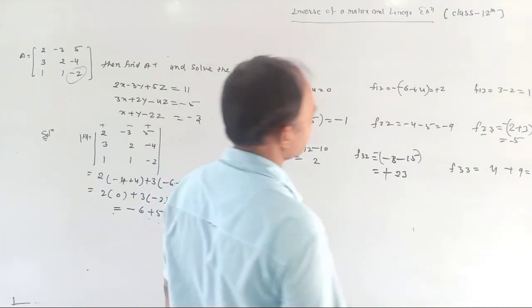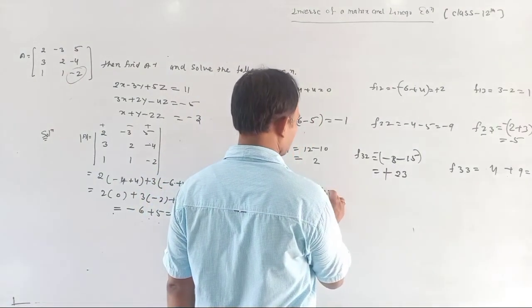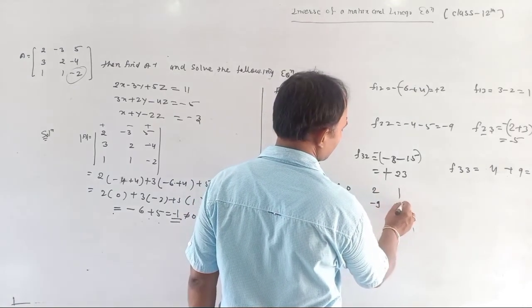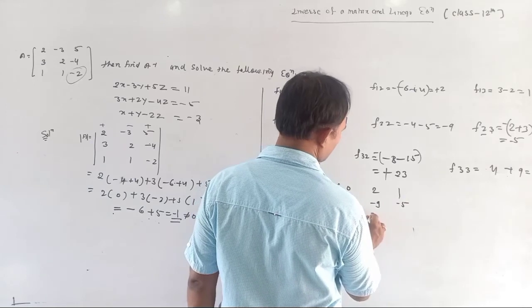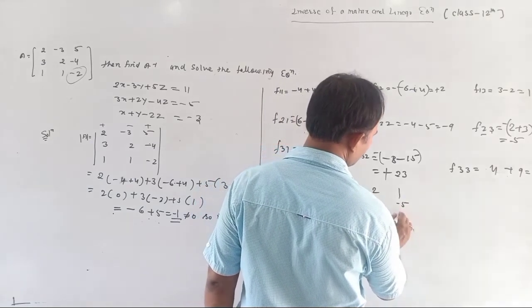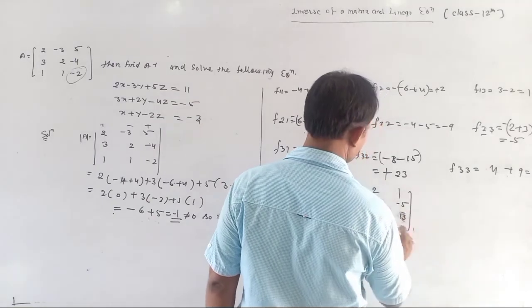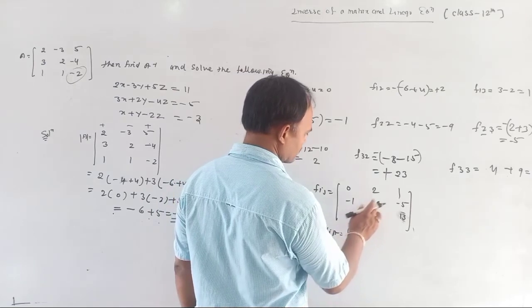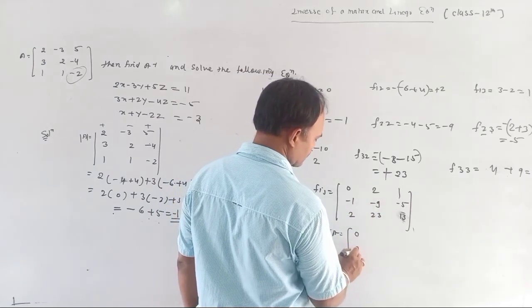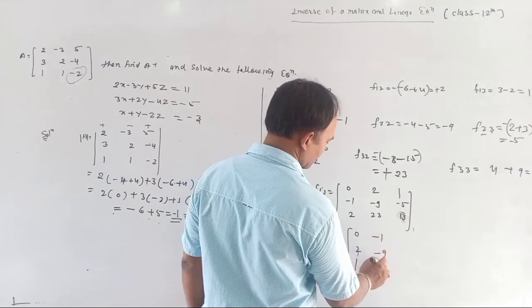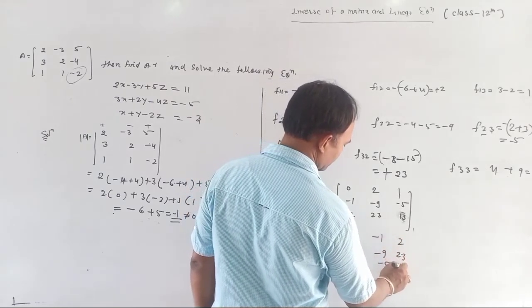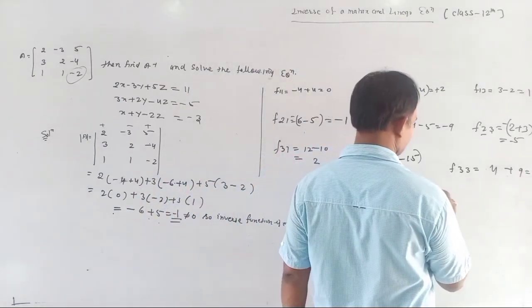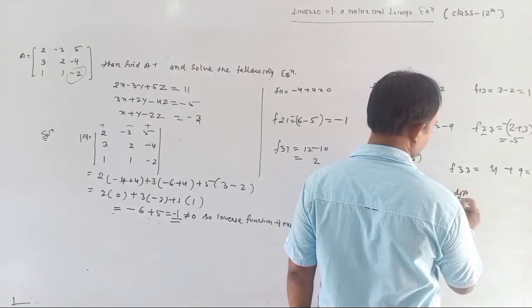So the adjoint of A is 0, 1, 0, 2, 1, minus 1, minus 9, minus 5, 2, 23 and 13. Now A inverse equals adjoint of A upon determinant of A.